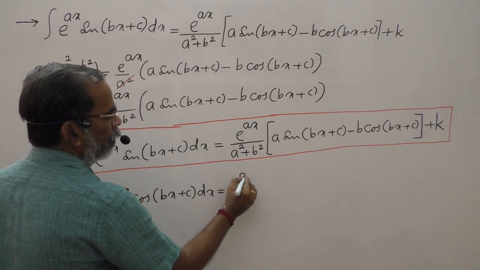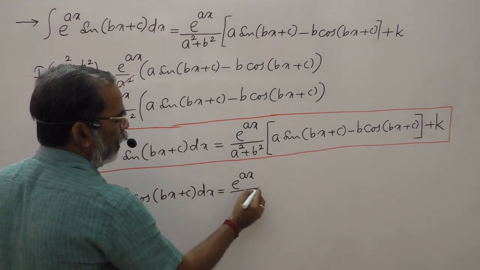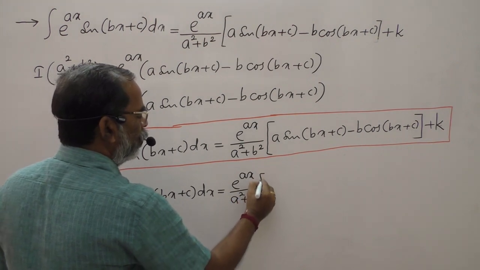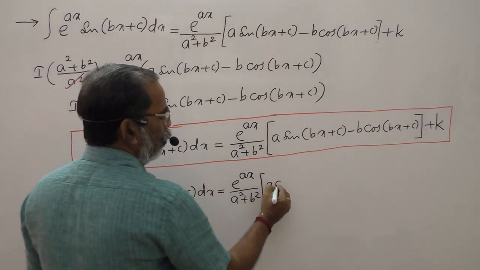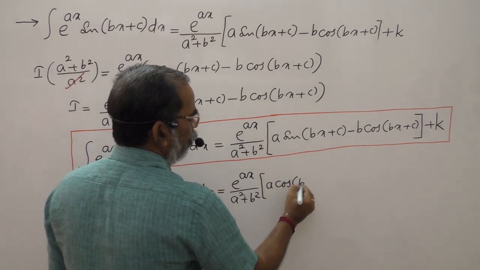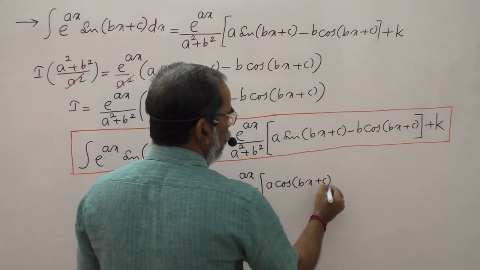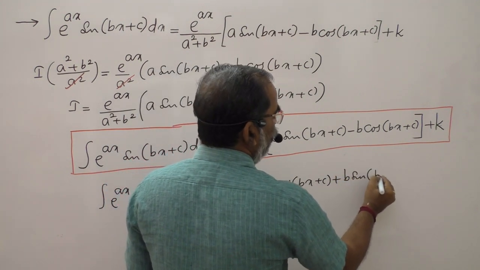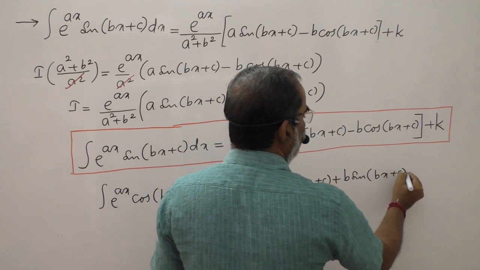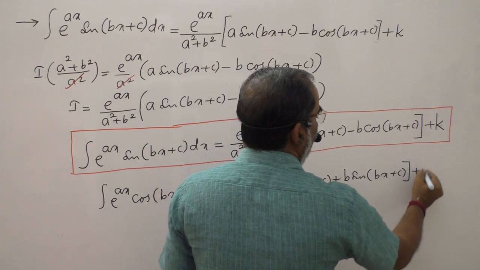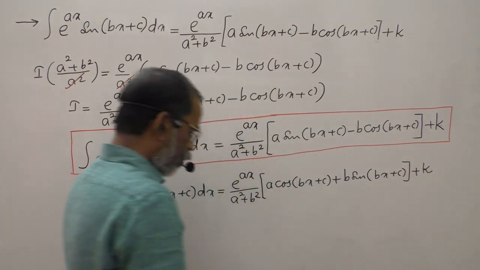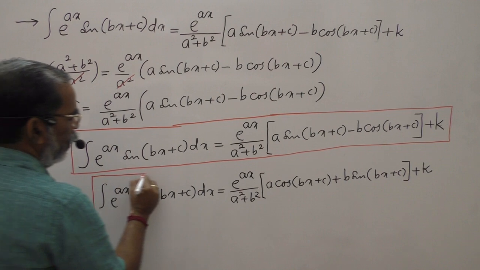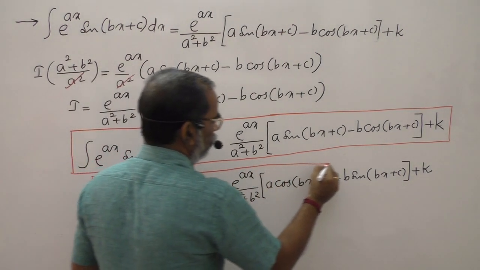Similarly, its answer will be e power ax by a square plus b square into a into cos of bx plus c, and this will be plus b into sine of bx plus c, plus integral constant k. So this is also a formula. You please add these two to the list.